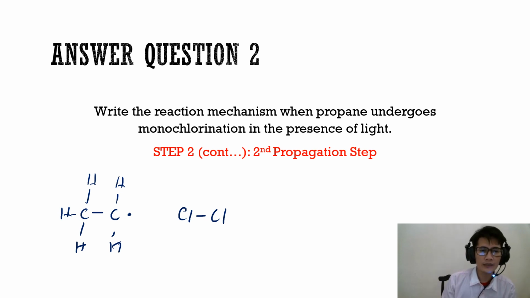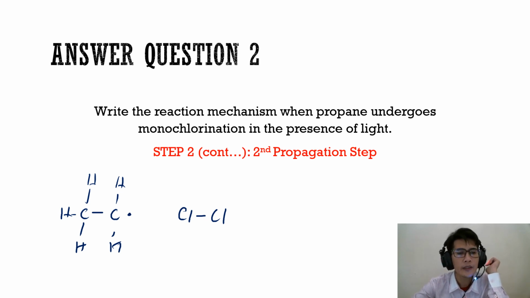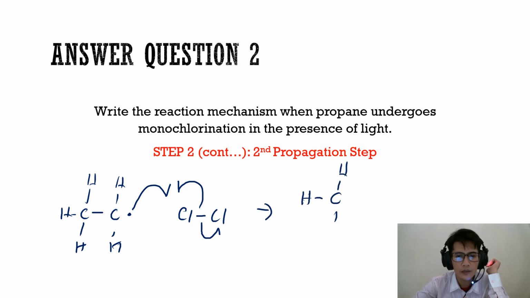So this ethane radical will attack this chlorine molecule that has not yet broken, to form the bond between C and Cl, causing this bond to break and one of the electrons goes to another Cl. So you will form CH3CH2Cl plus Cl dot.